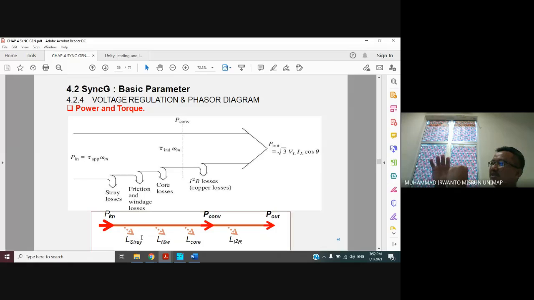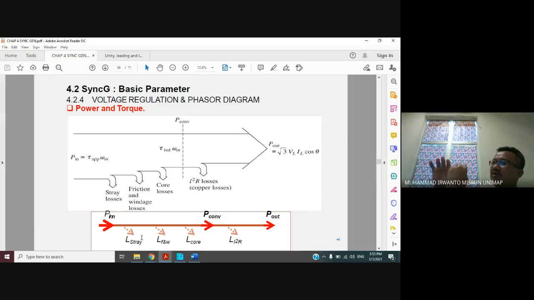Mechanical is the rotor. Rotor movement needs a torque, needs energy. Before energy we have the power. And here the power given to the rotor we can call the input power.